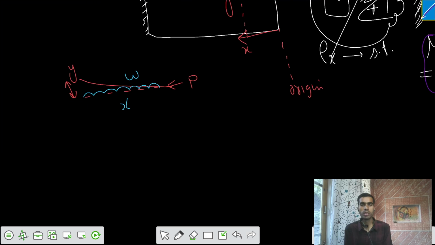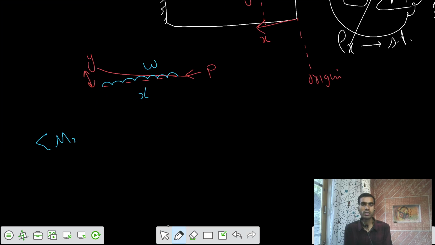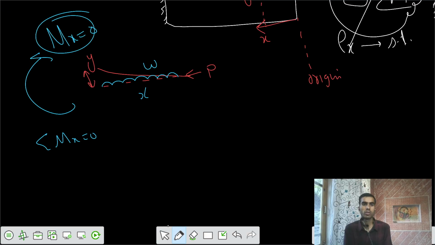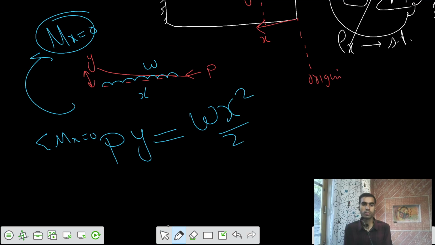Can you calculate the moments? Summation of moments at that section equals 0. So P into y should equal W x squared by 2. So your equation at any location would be y equals W x squared by 2P.